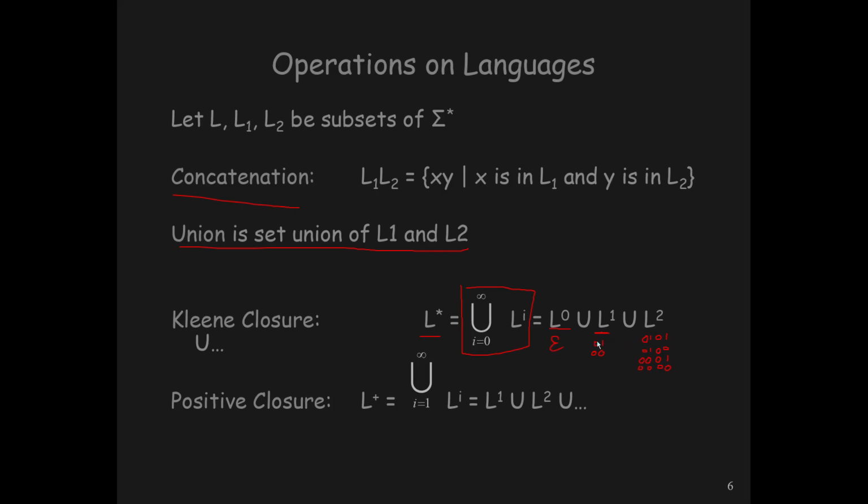Okay, so you have 7 strings in this part, but you also have L3, which has 8 strings, and L4, which would have 16 strings in this case, right? So take the union of all those infinitely many powers of L. So yes, the star is an infinite language, okay?